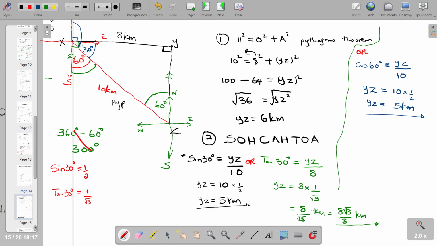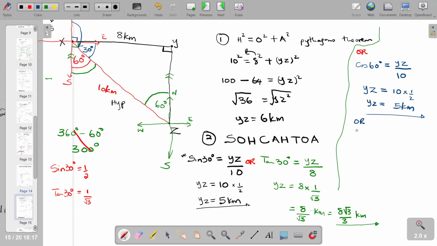Still, it was possible to use another one which involves the adjacent, which is tan.